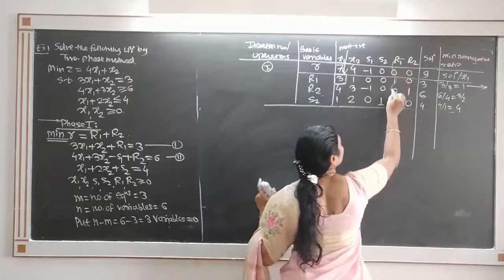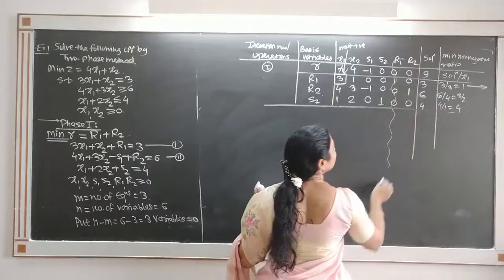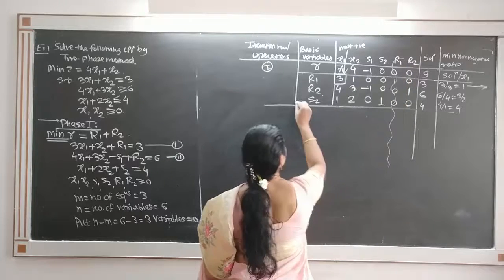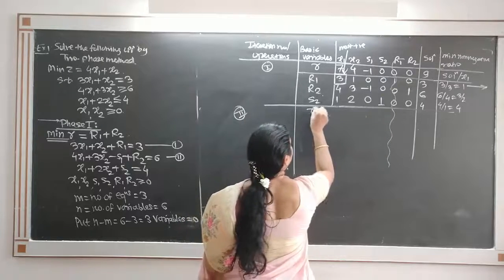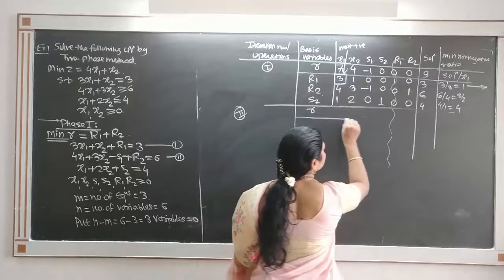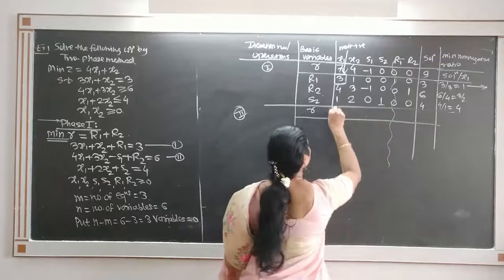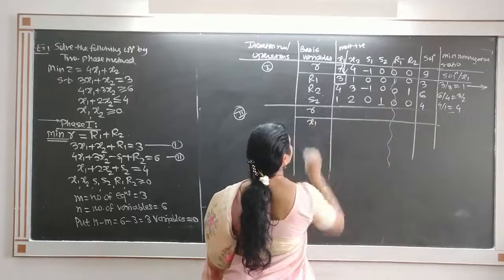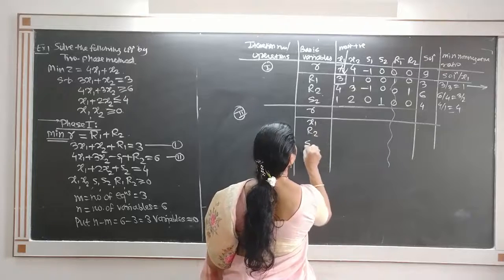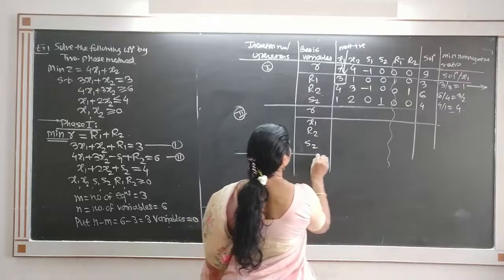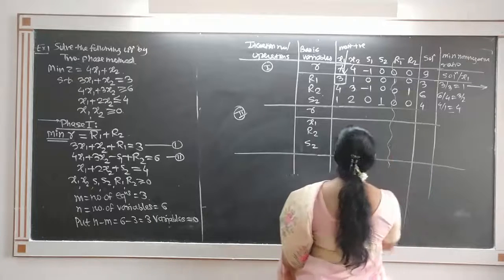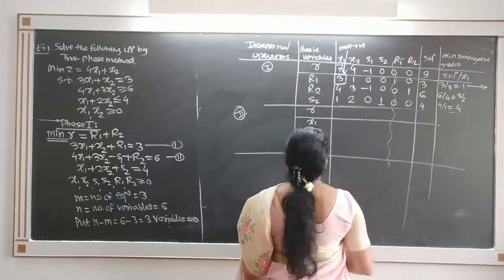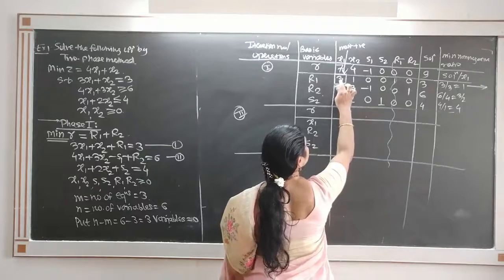Because r1 leaves, we have to delete the column of r1. So in the next table, that is in the second table, R remains as it is. The r1 variable is replaced by the x1 variable, r2 and s2 as it is. Now we have to make this element 1.